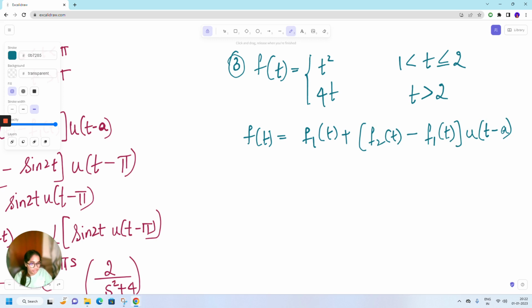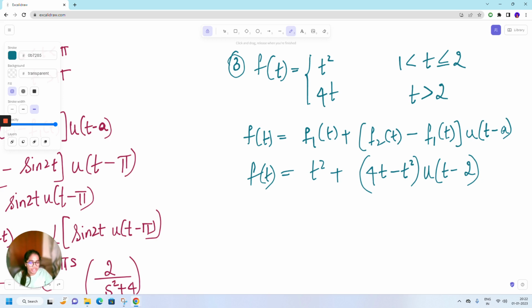What do you have in place of a? We have 2. Let me substitute. f1 of t is t square, f2 of t is 4t, so f of t is t square plus 4t minus t square into u of t minus 2.